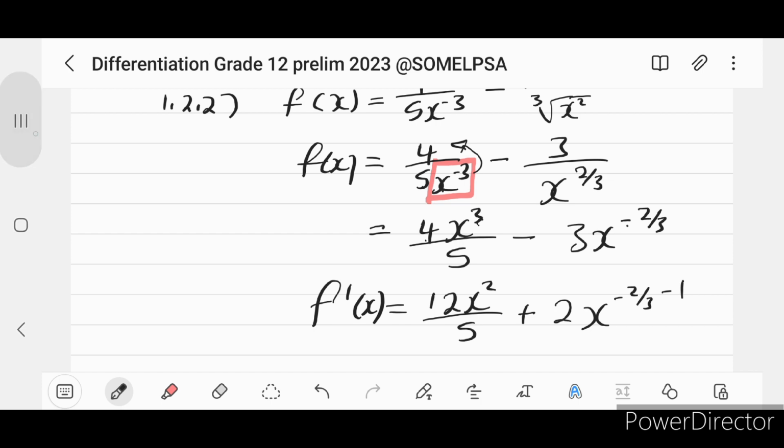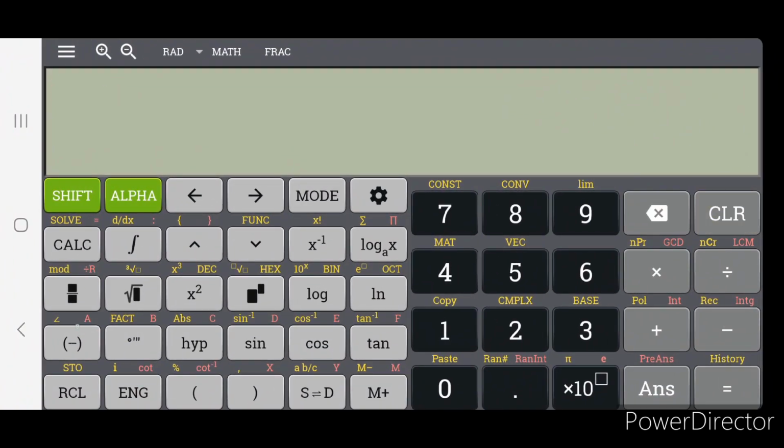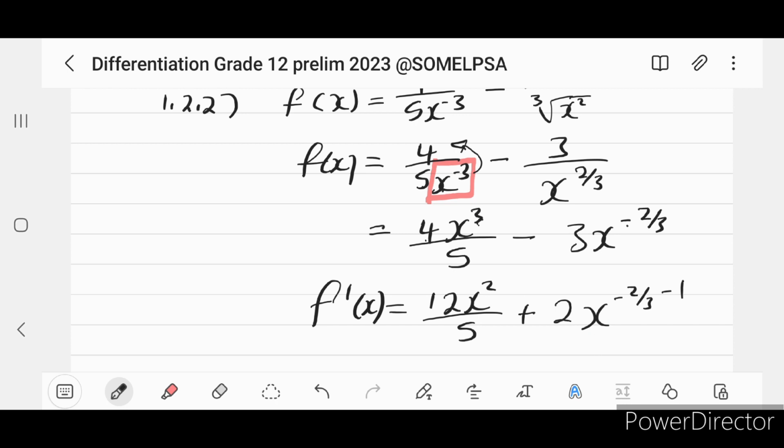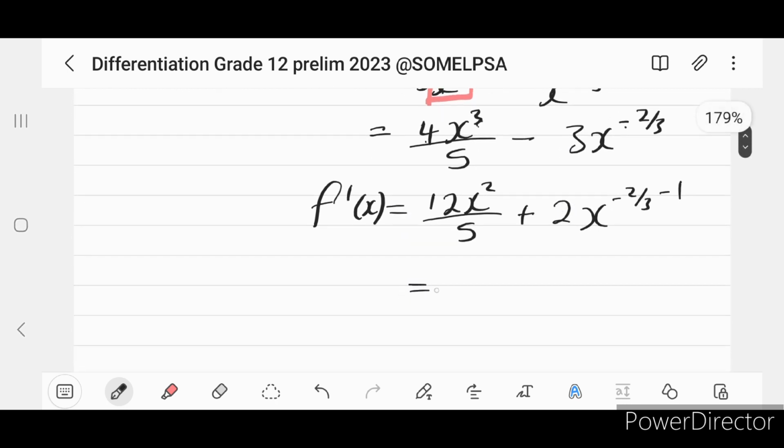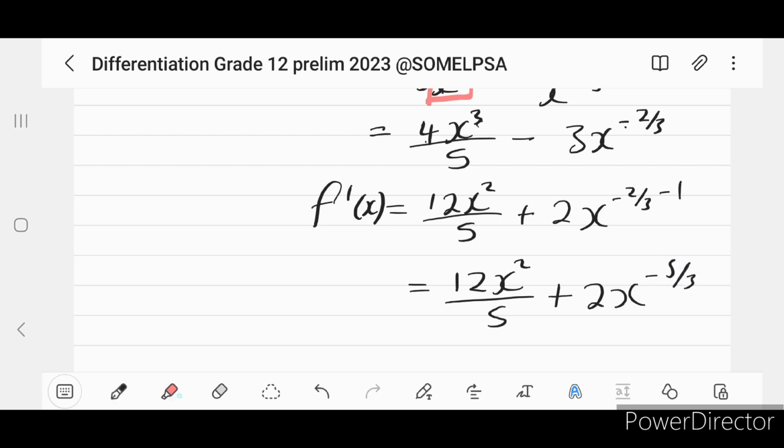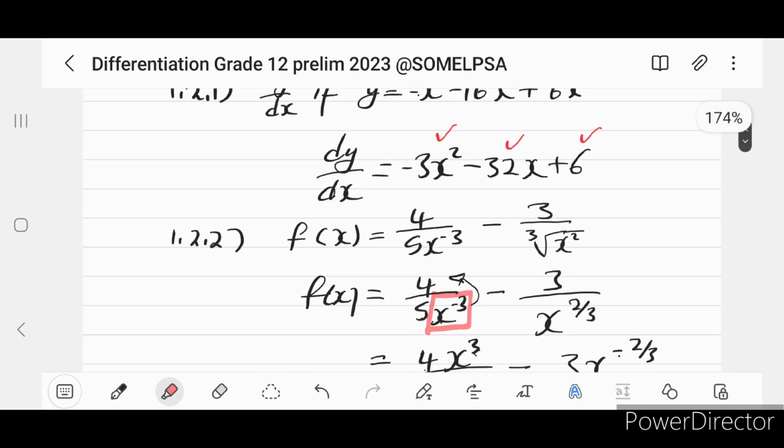Remember when I do that, minus 2 over 3 minus 1 is going to be minus 5 over 3. So this is minus 5 over 3. So the final answer is 12x squared over 5 plus 2x to the minus 5 over 3. So you can just leave it here. It's fine.